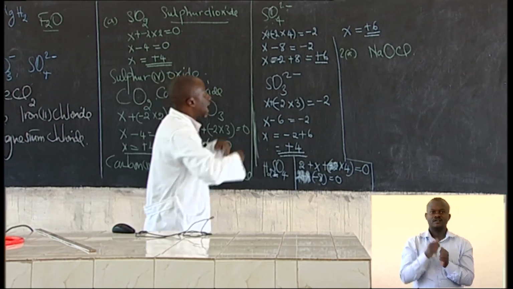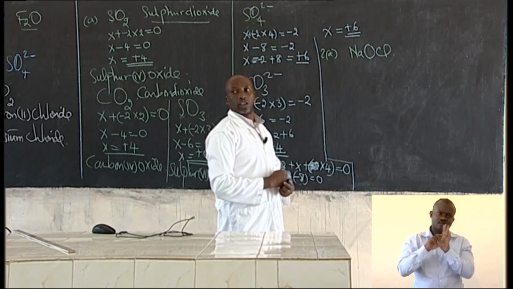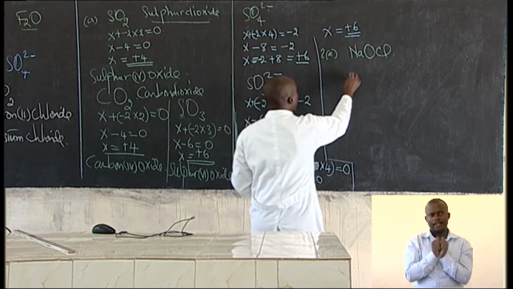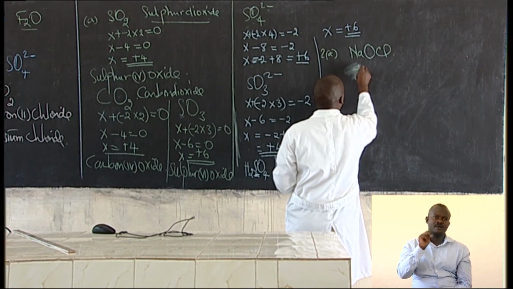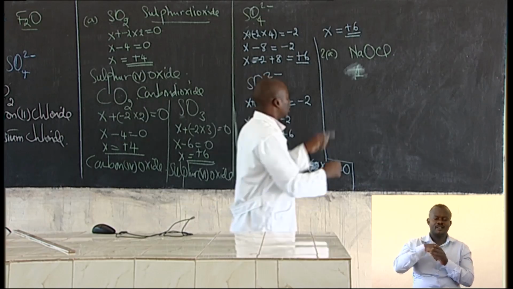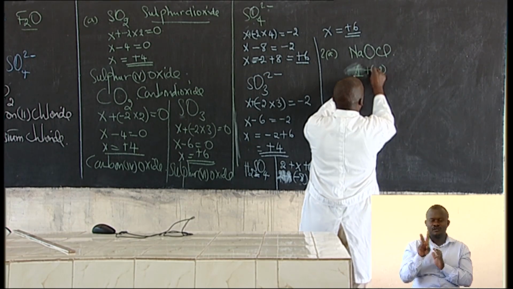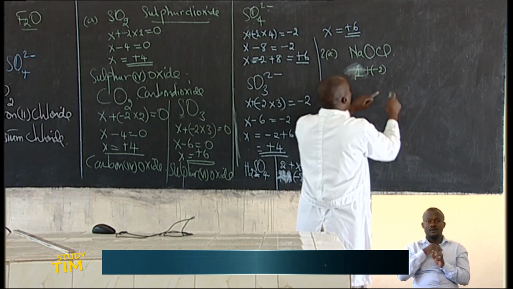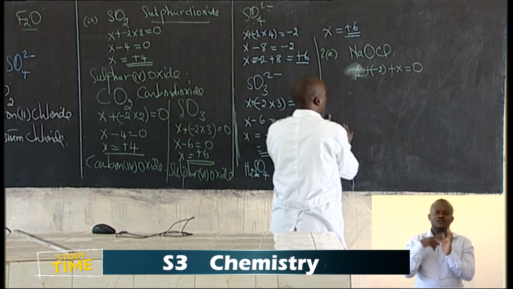So we are going to use the rules to calculate the oxidation state of the chlorine. We have sodium, it is +1. It carries +1 in combined state. So that will be 1 plus -2. We are looking for X, that's chlorine, plus X is equal to 0.